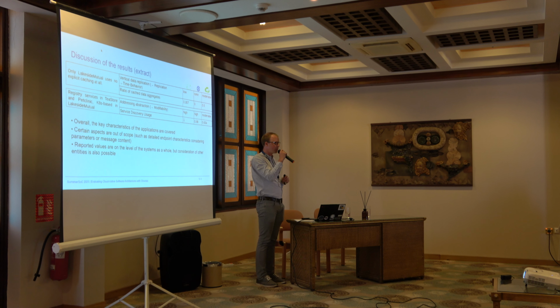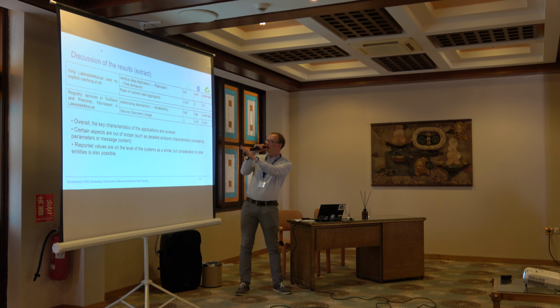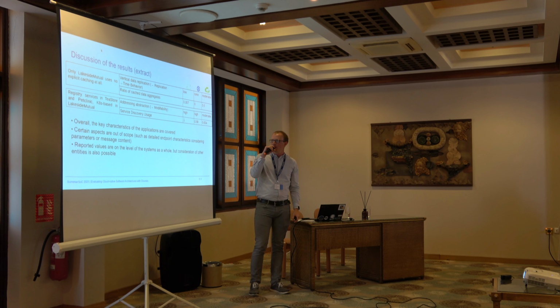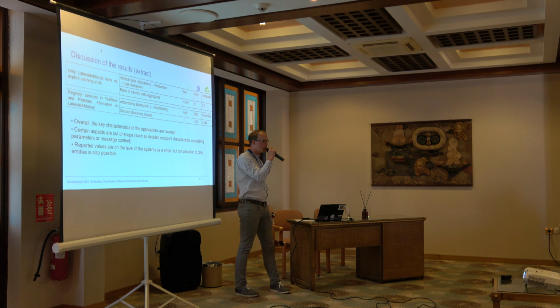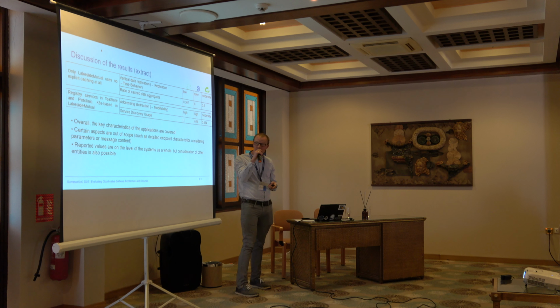Some more detailed aspects are not covered, and also the reported values here are always on the level of systems as a whole, but as I showed you, for example, with the request trace, it's also possible to have a closer look further down on certain entities, like a single service or a certain request trace.